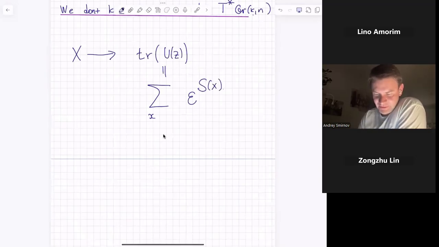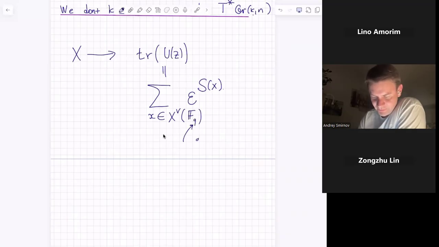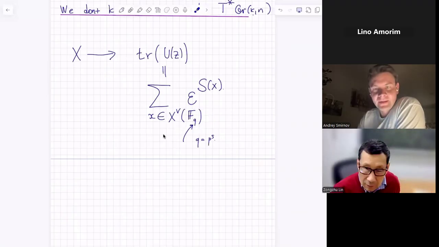In general, from complex mirror symmetry, you know what this is in many examples, but you need to take a sum over a certain variety, which I denote X check, and p appears here as you take this over finite field points of this variety. Q is some kind of p to the power s. So this arithmetic story detects mirror symmetry in this sense, that you need to take a finite sum over a certain variety.